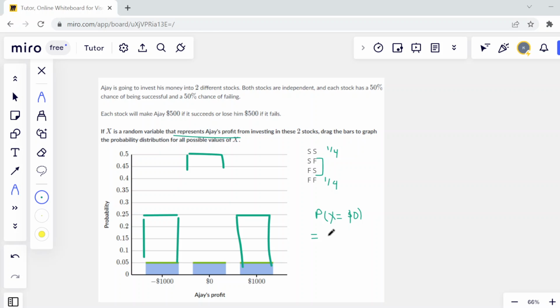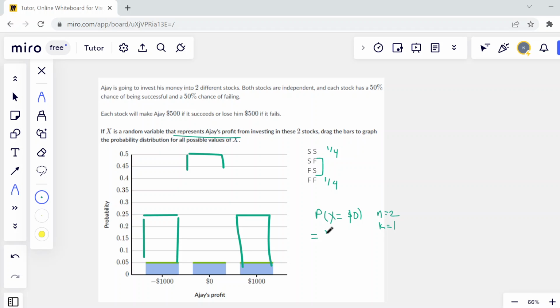He makes $0 when our n is 2 in all cases. This is the case where one stock succeeds and one fails. If we define a stock succeeding as success, then what we want here is k equals 1.